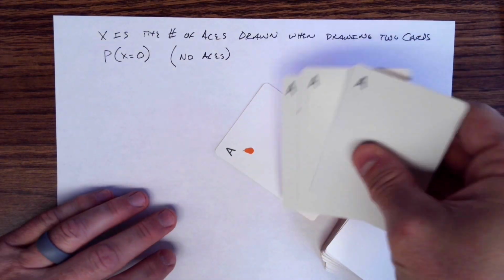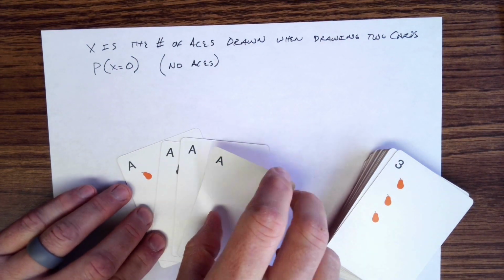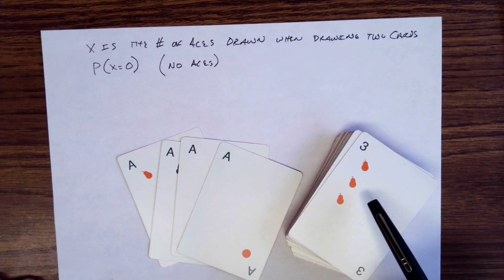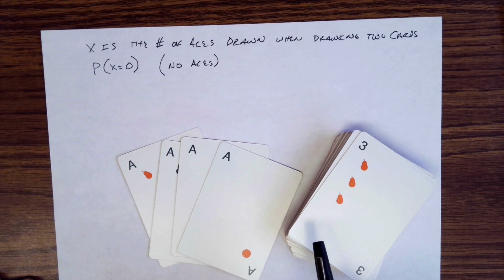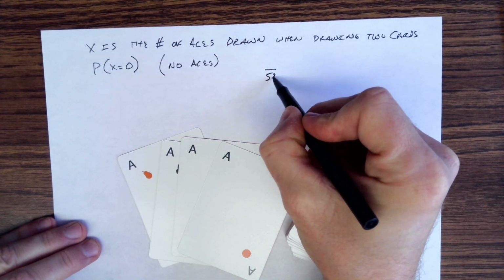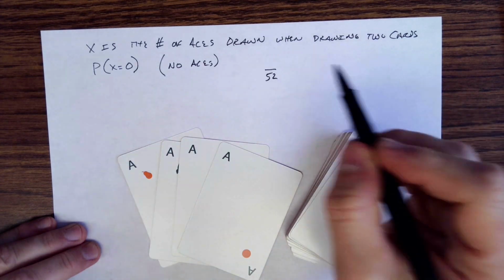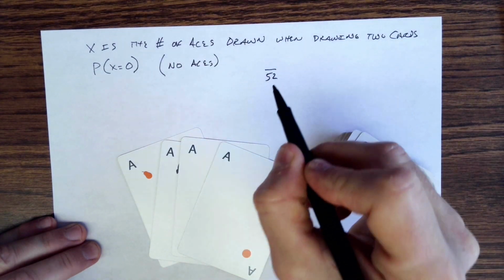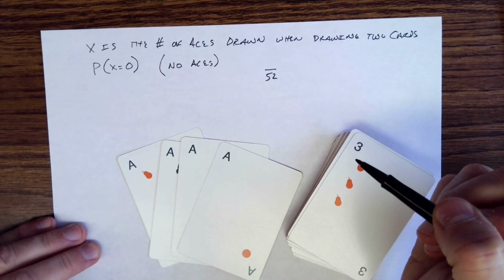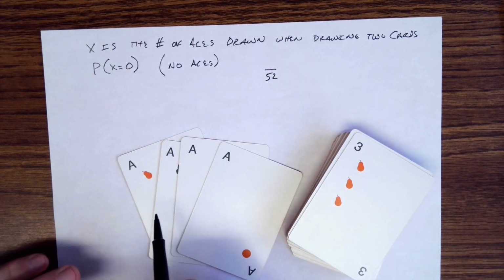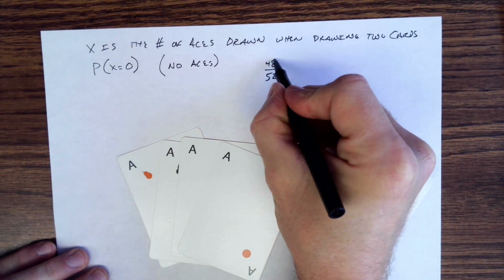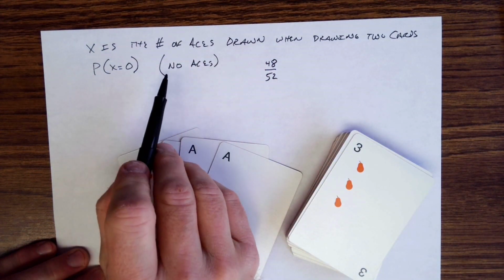So if we include the entire deck, there's 52 cards possible in that deck. That's the total number of outcomes, right? When we're pulling a card out, we have 4 options for pulling an ace, and we have 48 options for not pulling an ace, because that's what we're interested in here.